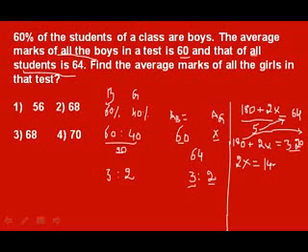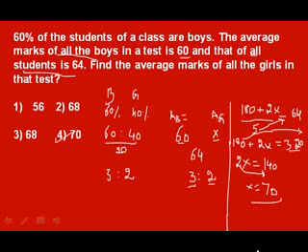So by this, I can see that X comes out to be 140 by 2 because I'm taking 2 down here. So 140 by 2 is 70.